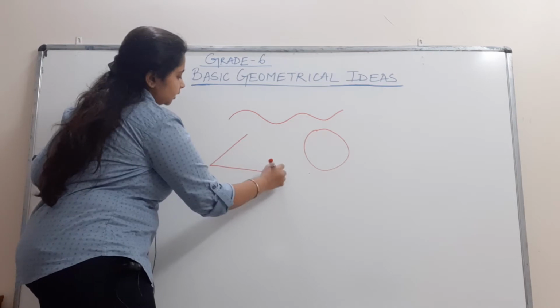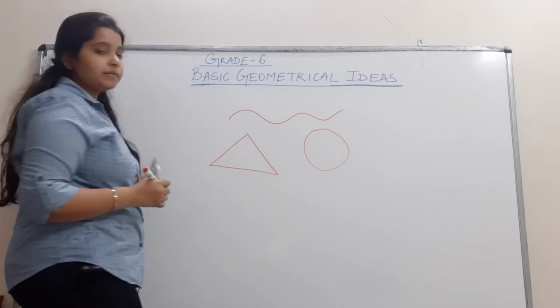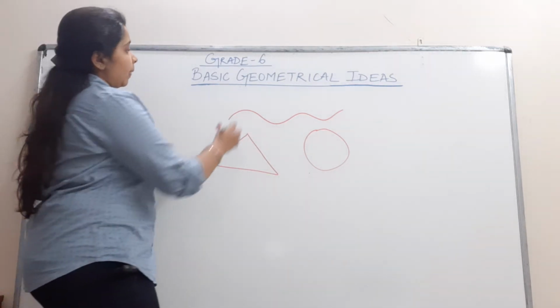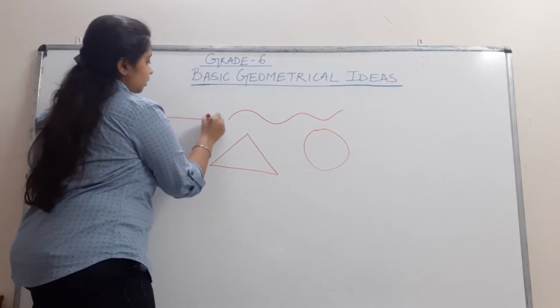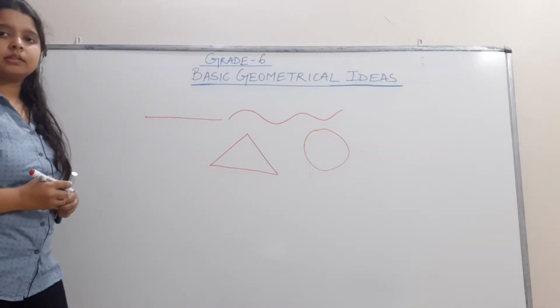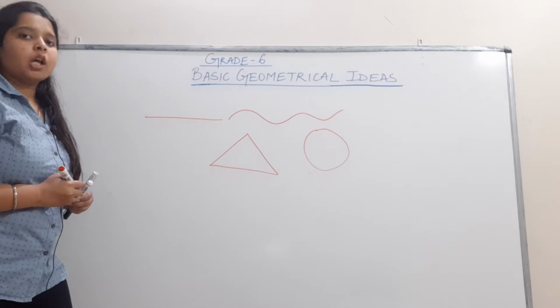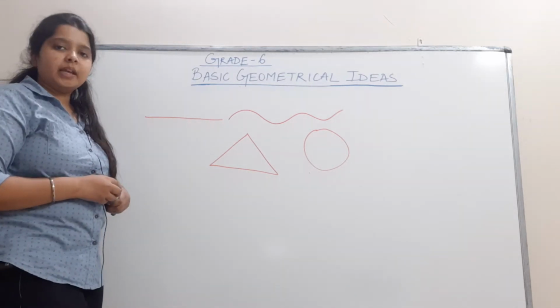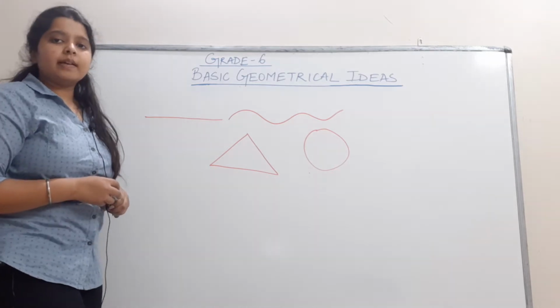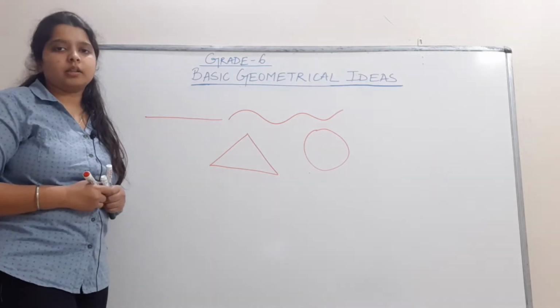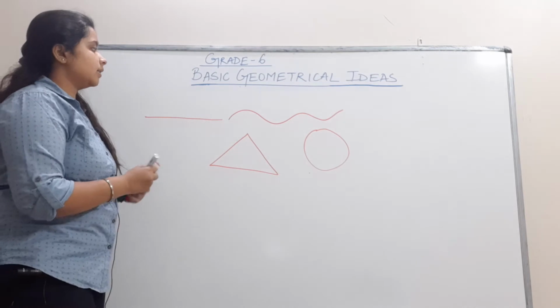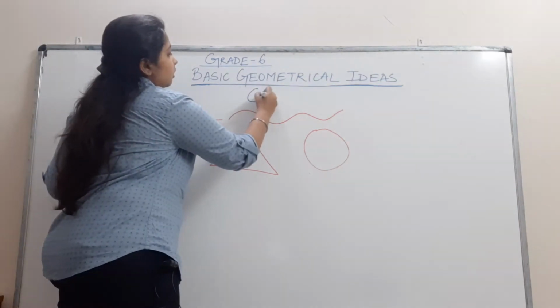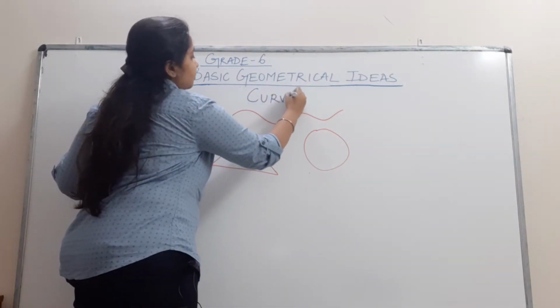What about this? Have I lifted? No. What about this? Did I lift? No. So all these figures which I have made here without lifting the tip of my marker are known as curves.